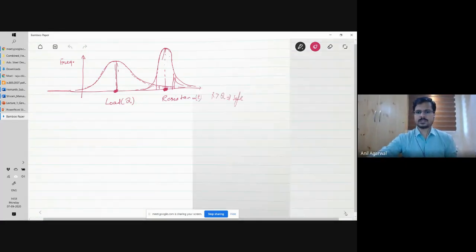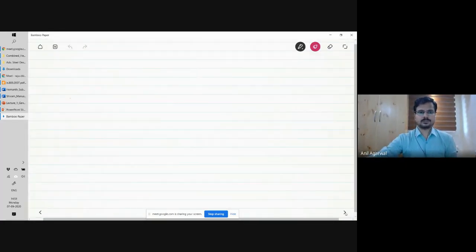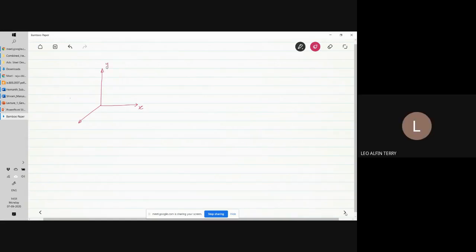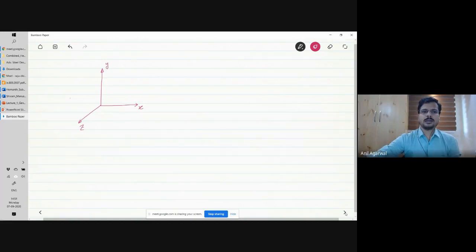If I have a three-dimensional space, can you see the screen? Yes, sir. This is a three-dimensional space X, Y, Z, and you have certain stresses in it, and some element here.